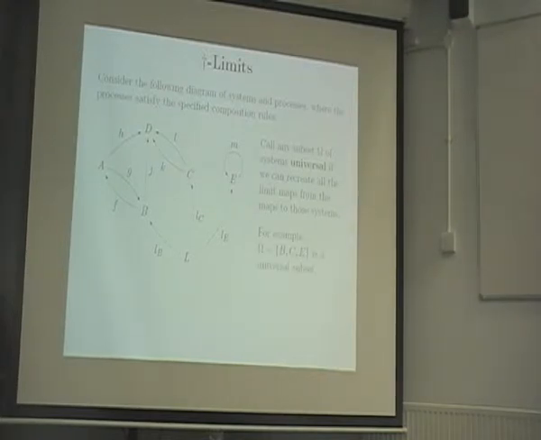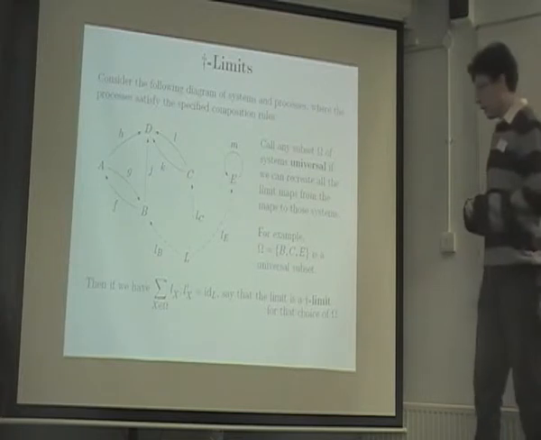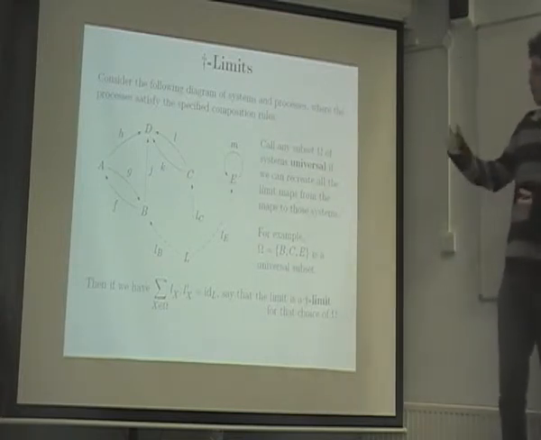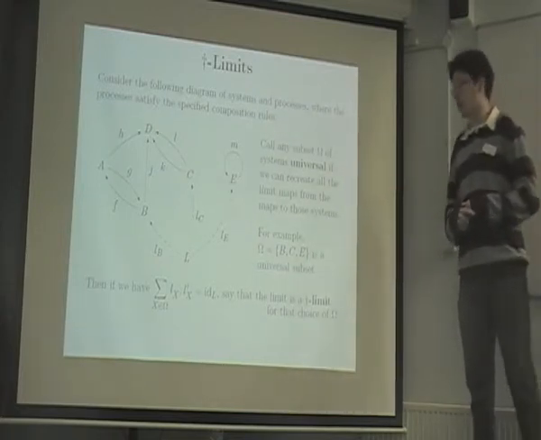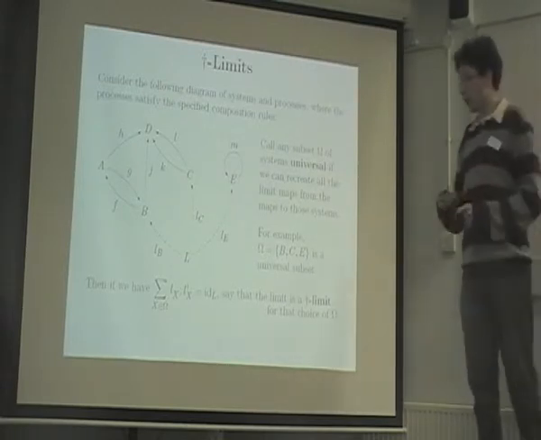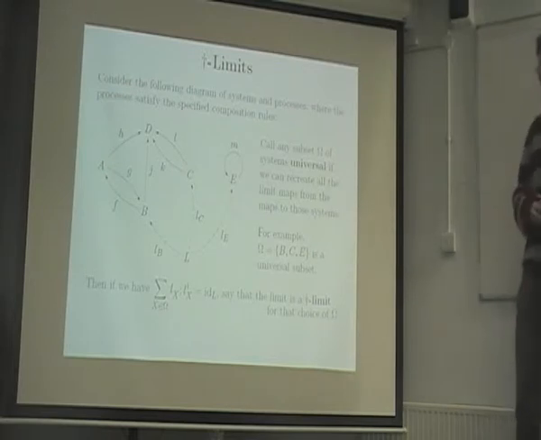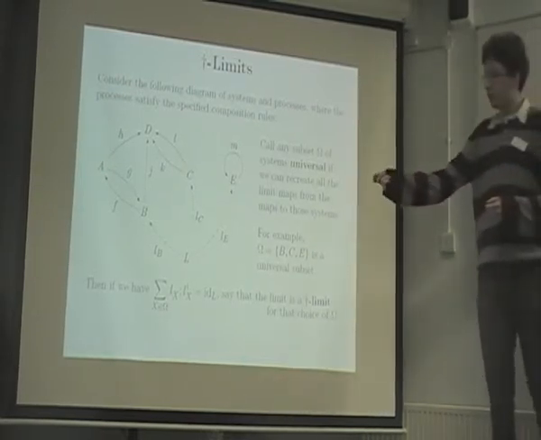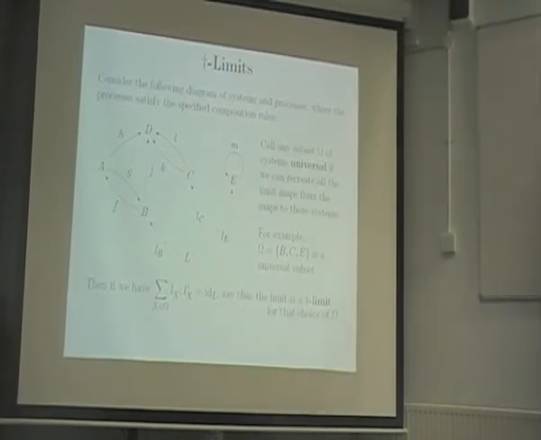So, for example, we can choose omega as B, C, and E. Then we're going to require that for any possible choice of universal systems omega, we can choose limit maps which satisfy this isometry condition.